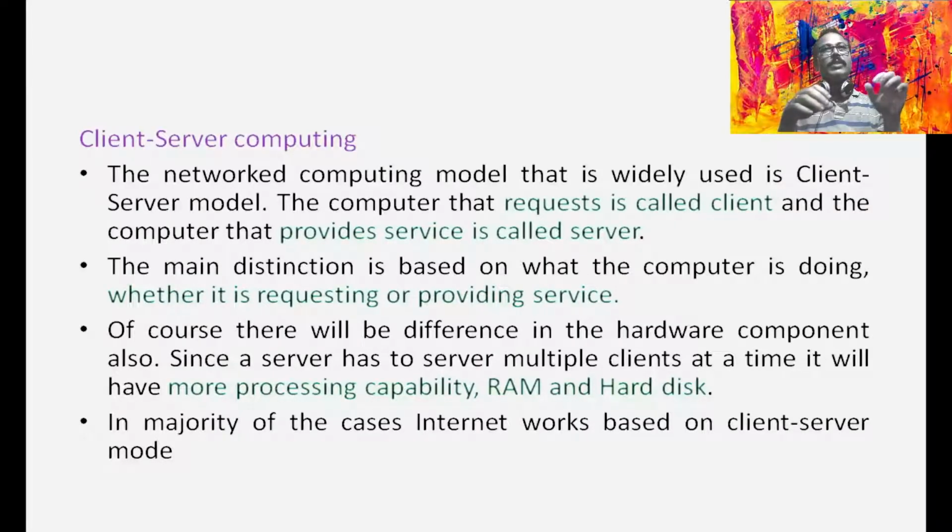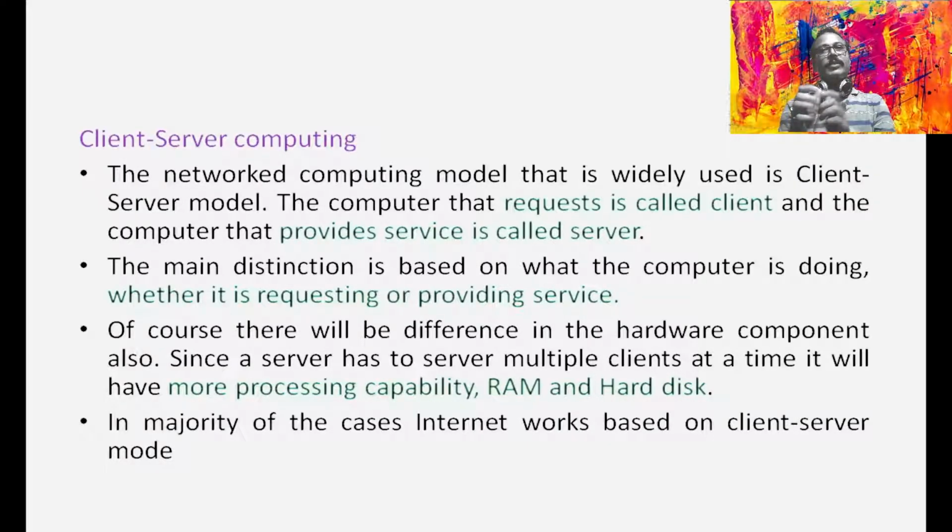That's why it is called as server. So many clients can contact the same server and request for the service. And because many clients can connect to the server, the server should have high processing capability. Server should be an advanced machine.